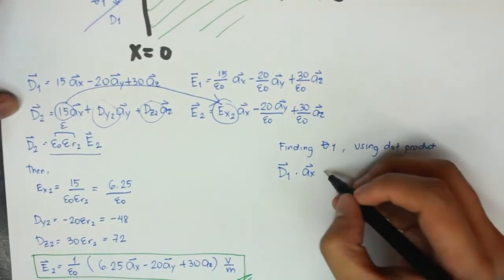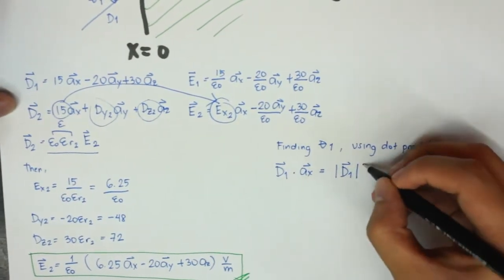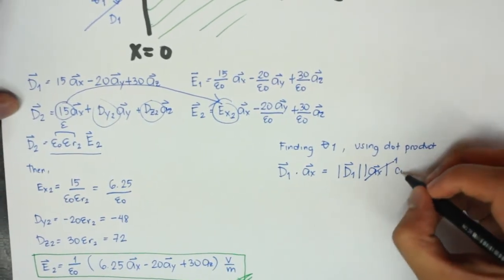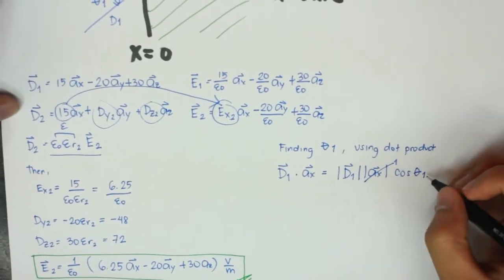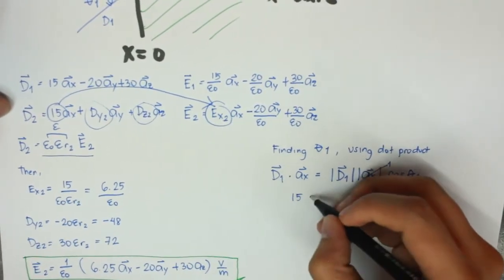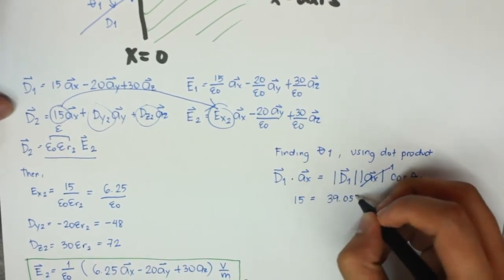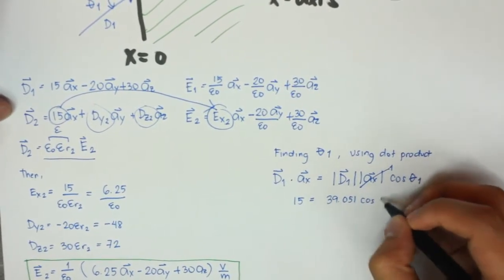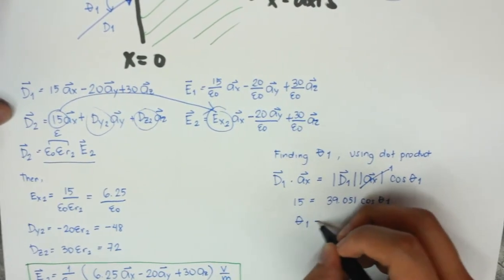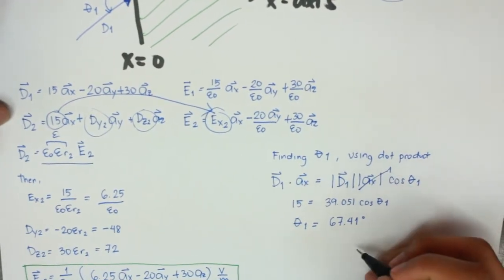From the definition of dot product, this is equal to the magnitude of D1 times magnitude ng ax hat, but this is just 1, times cosine theta sub 1. Dot product ng D1 sa ax hat, that's just 15. And magnitude ng D1, that's 39.051 times cosine theta sub 1. Then right away, cosine inverse gives theta sub 1 equals 67.41 degrees.